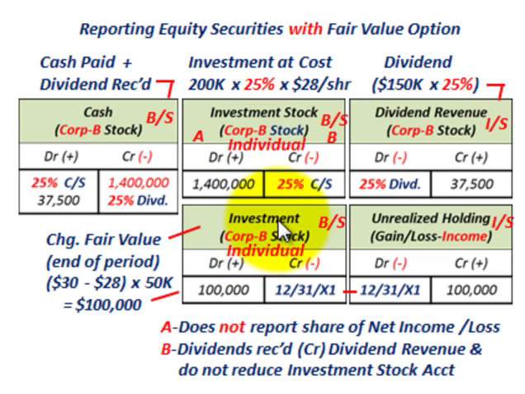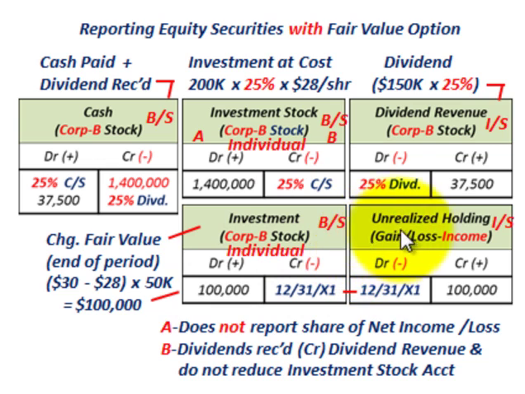And with the fair value option, this is where that fair value comes in. You have to look at the change in fair value at your reporting period. So you look at whatever the fair value is compared to your cost, and then you look at the percent of holdings that you have in the company, and that's going to give you your change in fair value. Any increases in fair value, you would increase your investment account, and any decreases, you would reduce your investment account.